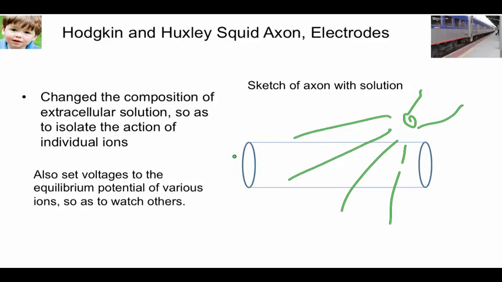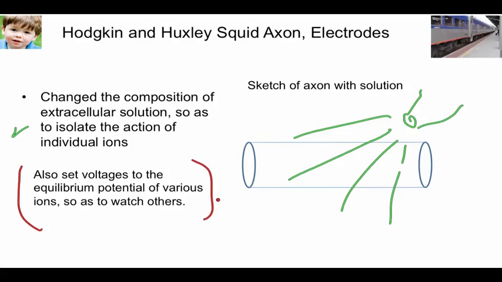Then the second thing they could do, correlated with the first: they knew the compositions of the solutions, so they could set the voltages to the equilibrium potentials, the Nernst potentials, of different ions and watch what happened, which then had to be coming from other ions.